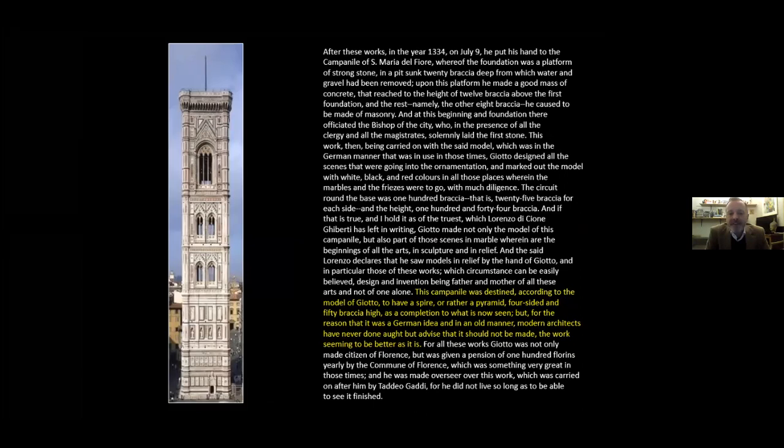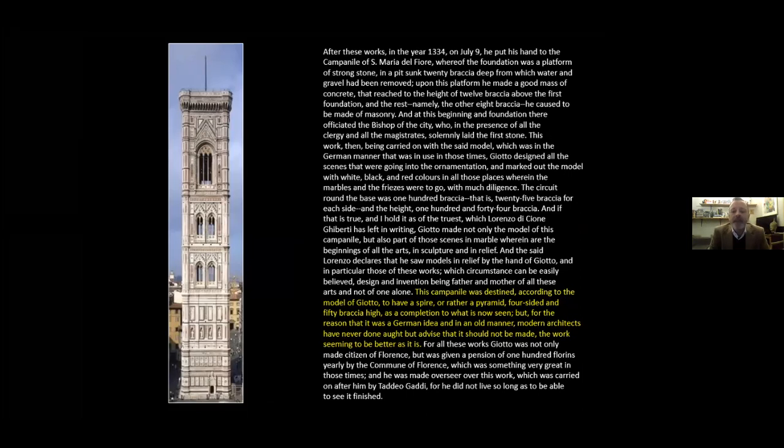Whether or not it was structural concerns or lack of funds, we're not really sure. Vasari's a bit political about this when he writes an explanation as to why these designs of Giotto for a pyramidal or pointed top were not honored. And he tells us that the campanile was destined, according to the model of Giotto, to have a spire, or rather a pyramid, 4-sided and 50 braccia high, as a completion to what is now seen.